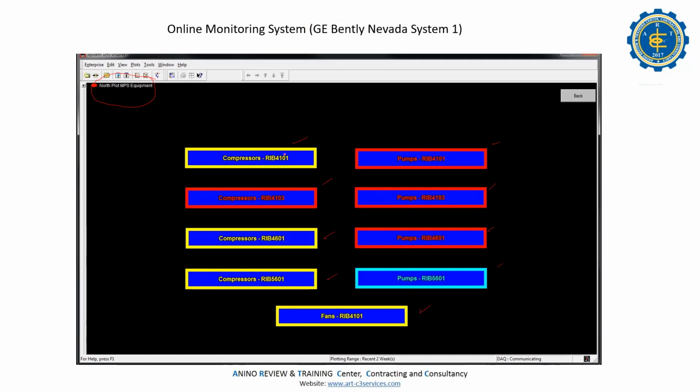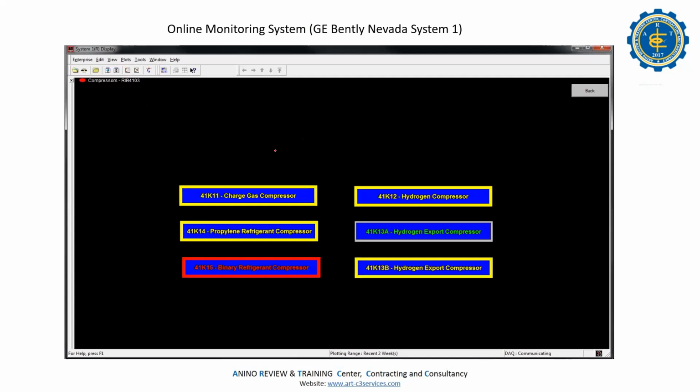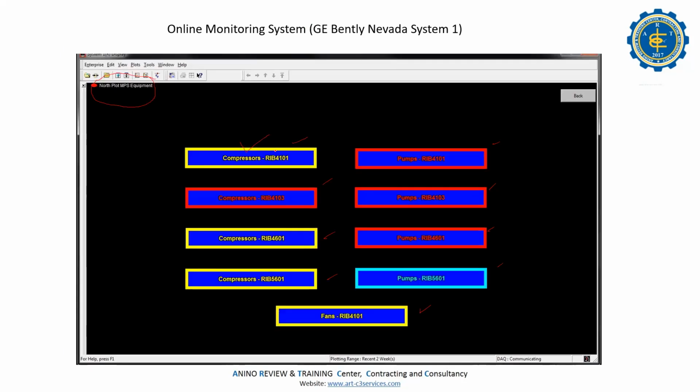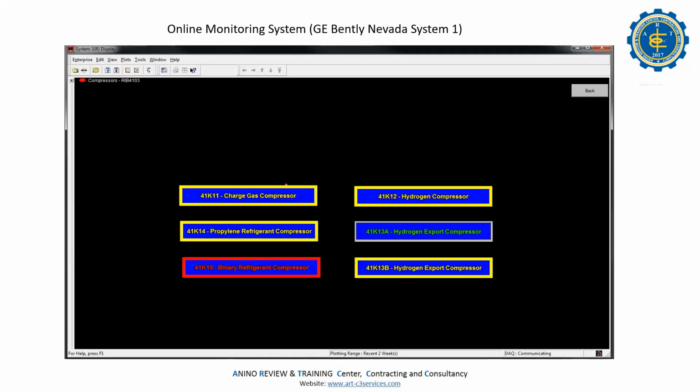Inside, if you click this rib 4103, then this is the inside.